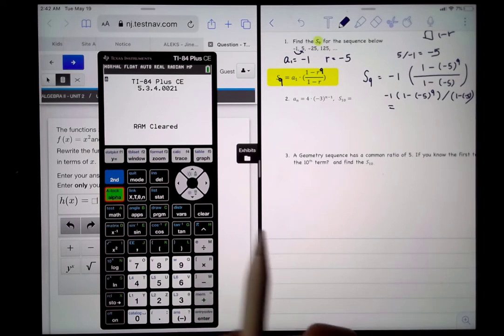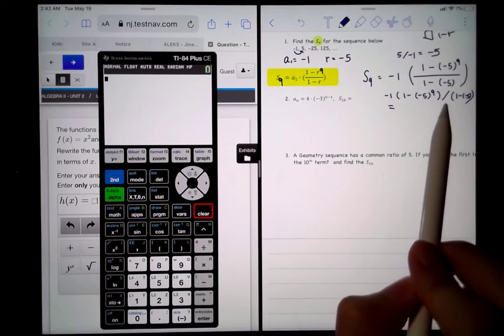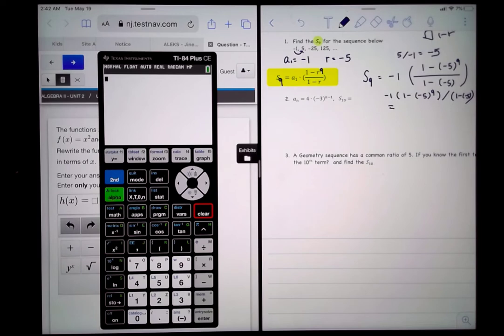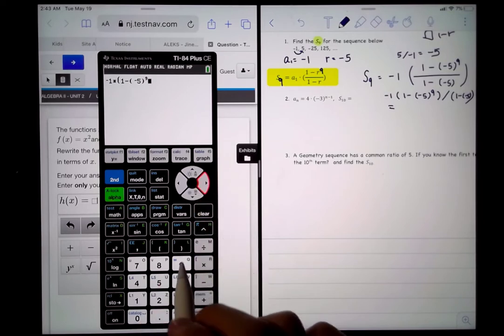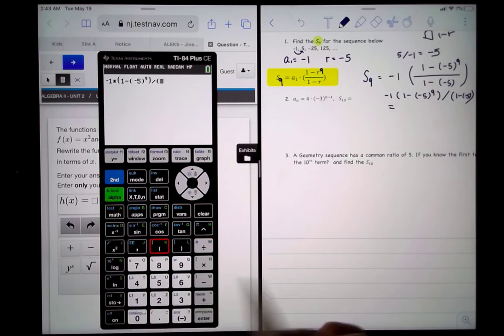So anyway, guys, I want to calculate this, right? If you're using just a regular calculator, not a TI-84, you can do this: -1 times parentheses 1 minus parentheses -5 close to the power of 9, close, and divided by another parentheses 1 minus -5.